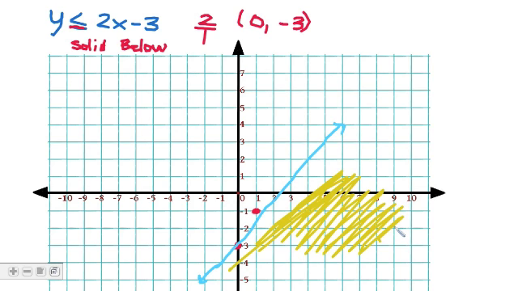Okay, so let's try another one. All right, we have a problem that we need to solve first in order to graph. We have 5x plus 2y is greater than negative 8. Well, let's go ahead and solve this. We want it to be in slope-intercept form, which means we want y by itself.